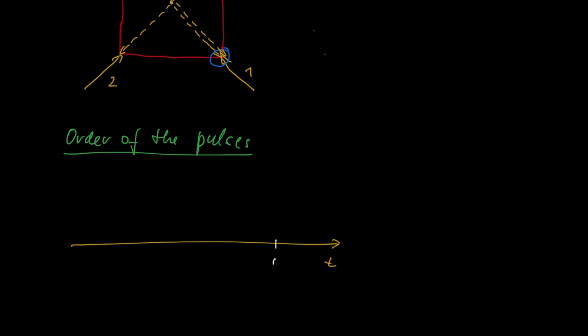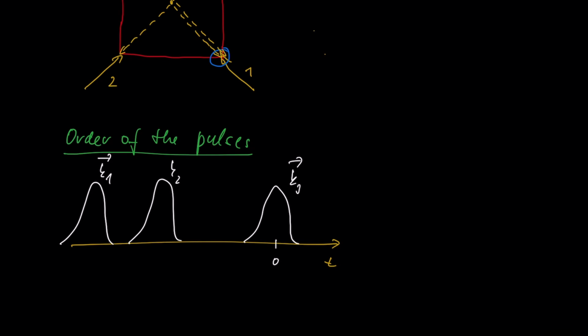We will have time 0 here with the pulse K3 coming, and before it we have two other pulses. They come in the order K1, K2, and here we have the delay tau, and this is the delay t. Okay, so that's an order which gives us the so-called rephasing signal.